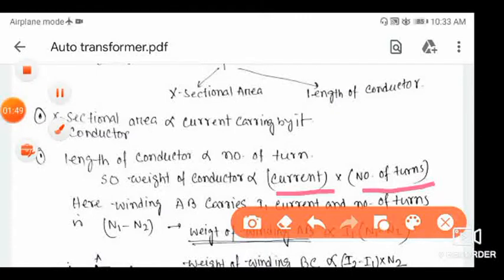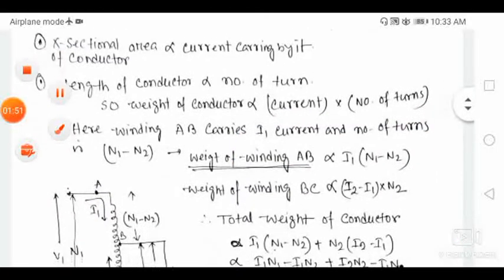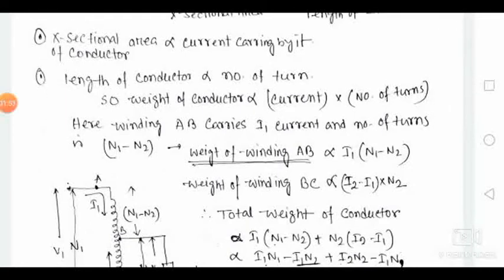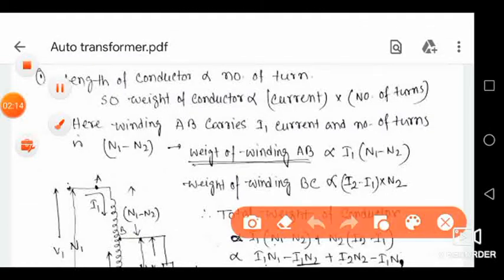Now if you look at the picture, here I draw the winding AB, which carries I1 current and has N1 minus N2 number of turns. So the weight of the winding AB is proportional to I1 into N1 minus N2.